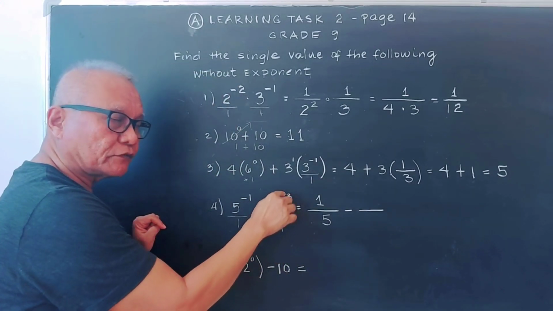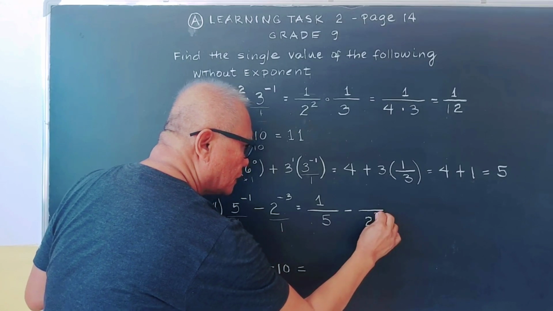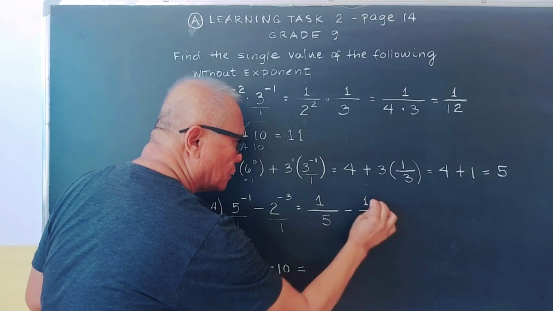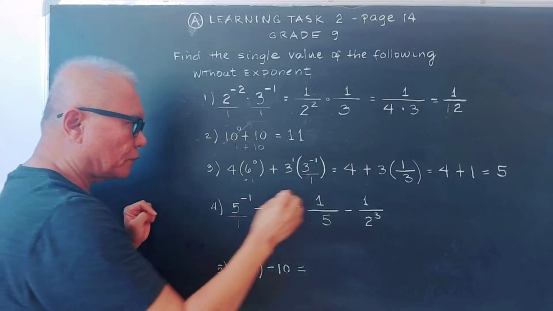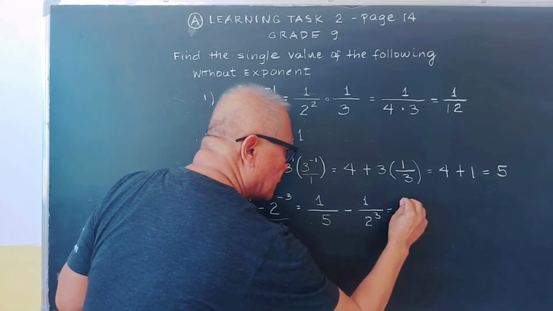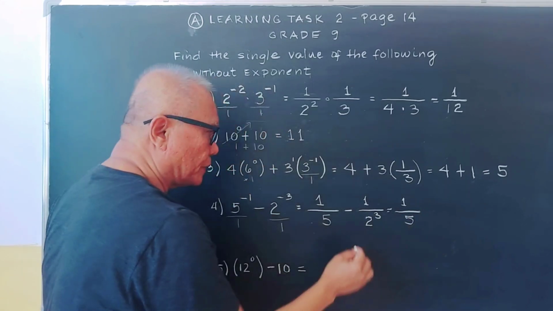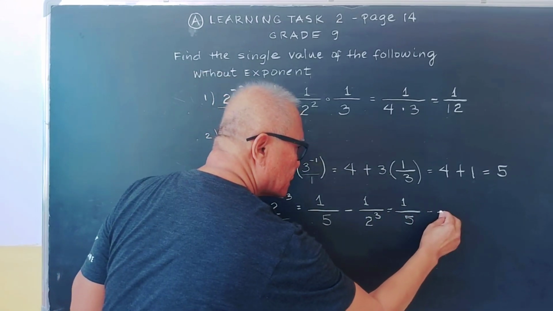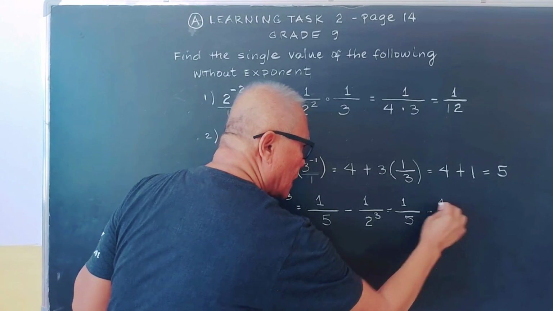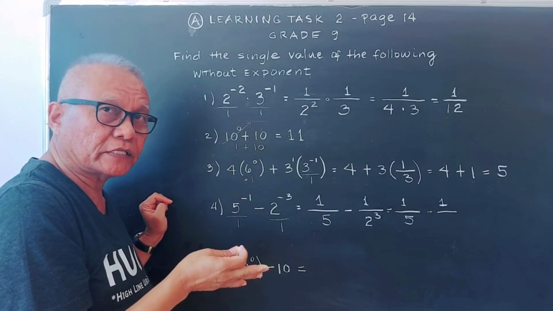O, 2 to the negative 3, ibaba. 2 to the third. O, may 1 din doon. Tapos, gawin natin is 1 over 5 pa rin, kopya, minus. Ano yung 2 cube? 2 times 3 ba yun? 6?